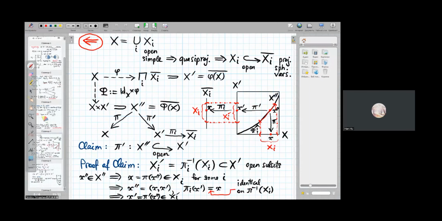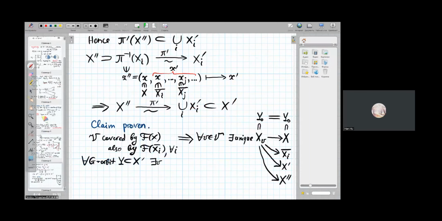I was thinking that it only maps to a unique i. No. For any i, you have this map. Okay? And the diagonal map will take you to x prime. And yet another diagonal map will take you to x double prime.